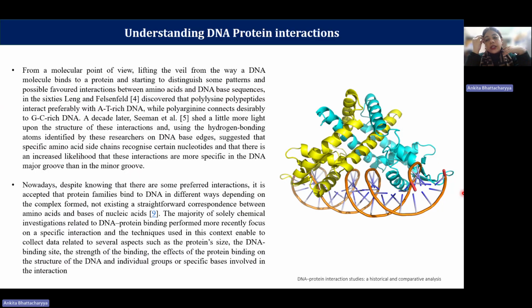Now, apart from that, if you look at the protein structure, you will see that there are some ribbon-like structures. That's just because of the way in which this protein has been represented. It has been shown as a ribbon diagram, and you can see that there are two different colors. Now, what does that signify? It means these are possibly two chains. Now, what do I mean by chains? If you've read about the structure of insulin, the A chain, the B chain, and the C peptide are present.